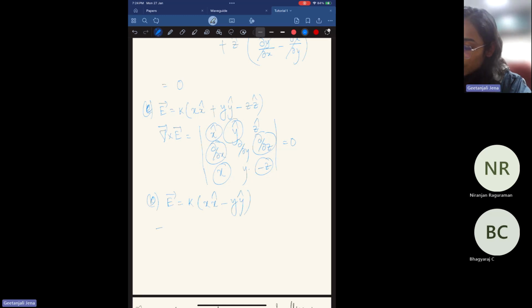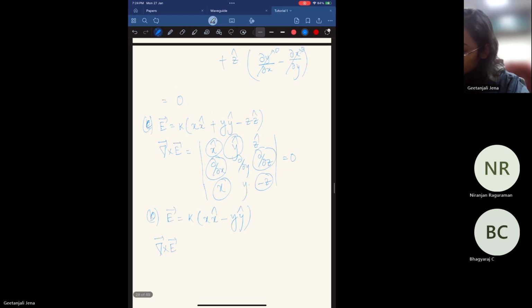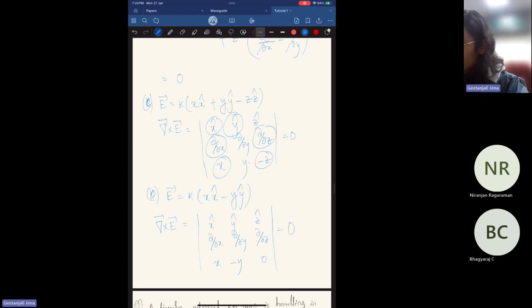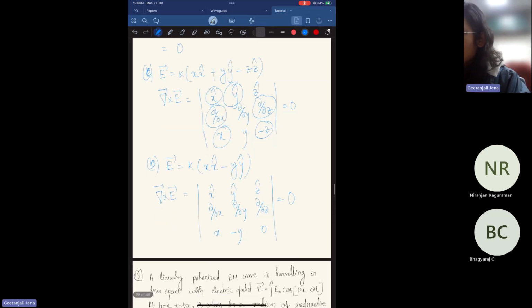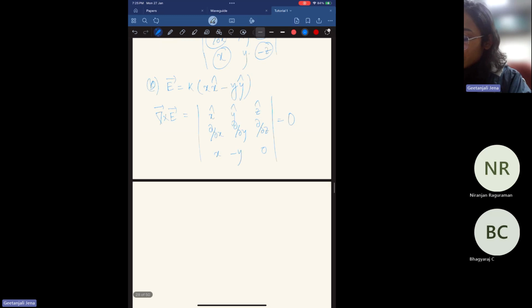If you take the curl, it is x cap, y cap, z cap, dou by dou x, dou by dou y, dou by dou z, with 0 here and x minus y. This will come out as 0 only. Now the option that is remaining is option D, so you can easily guess the answer. It is D only. But let us see whether it is the case or not.